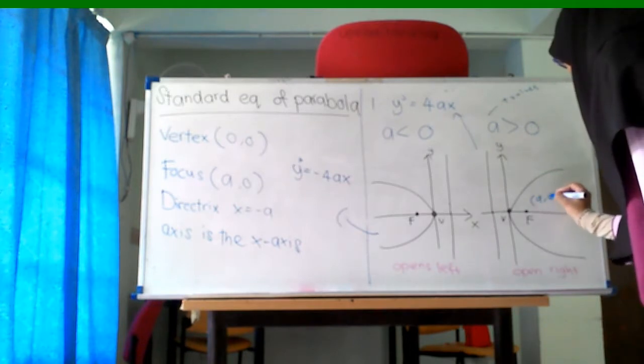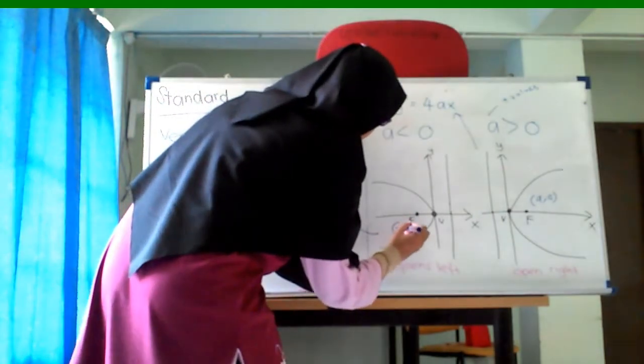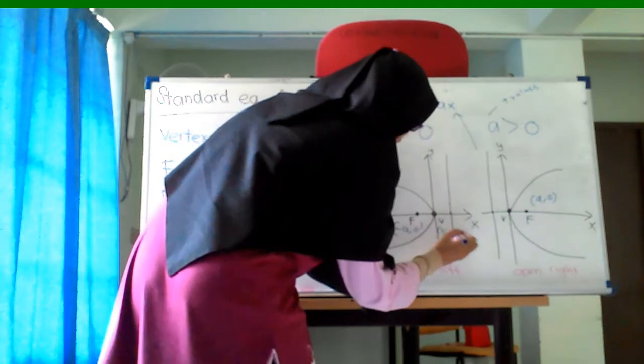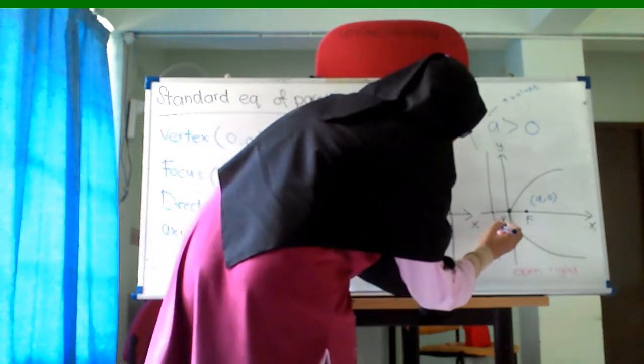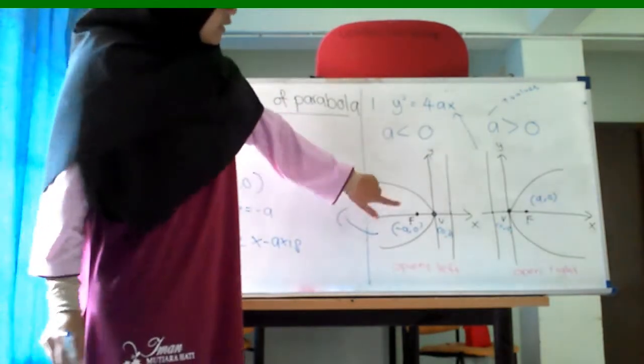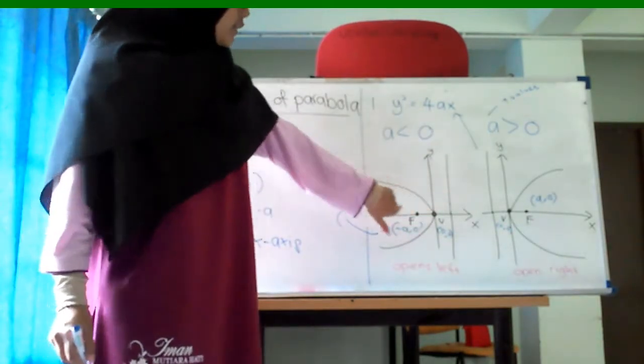Here, the focus is negative A, 0 and the vertex is 0, 0. As we see, the focus lies on the x-axis.